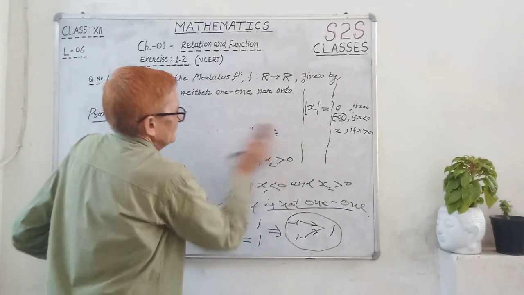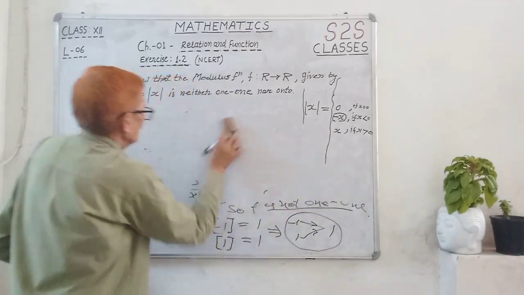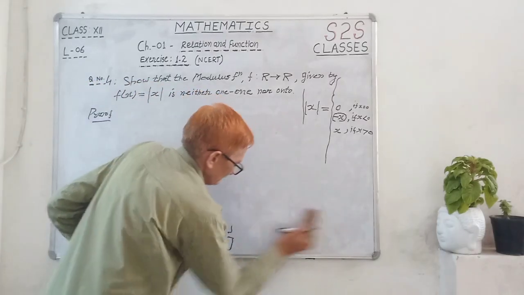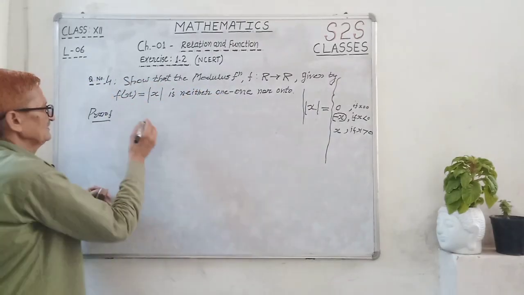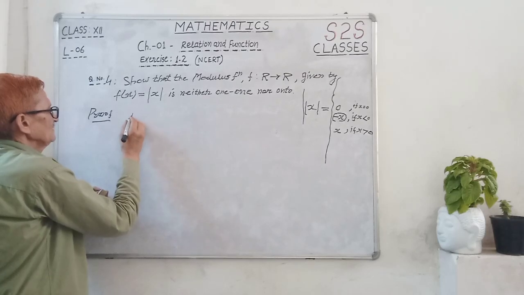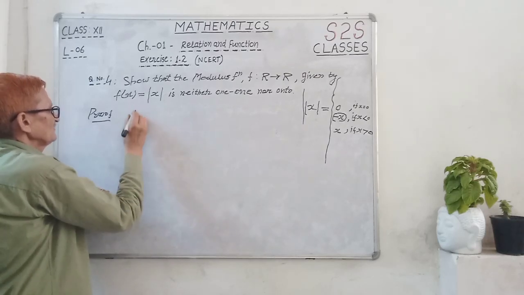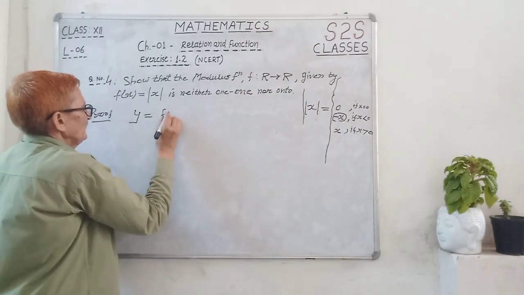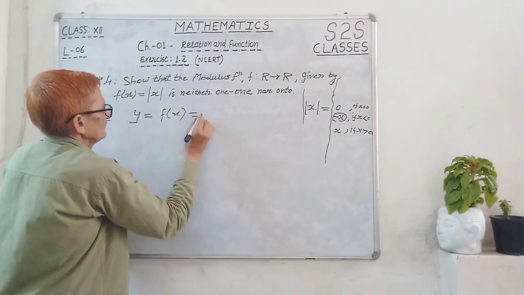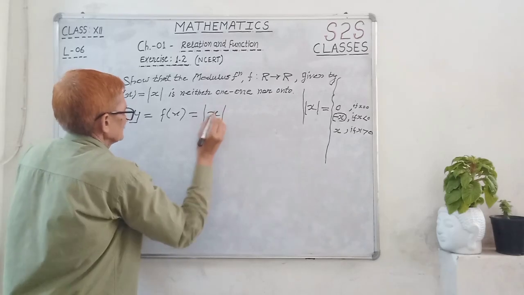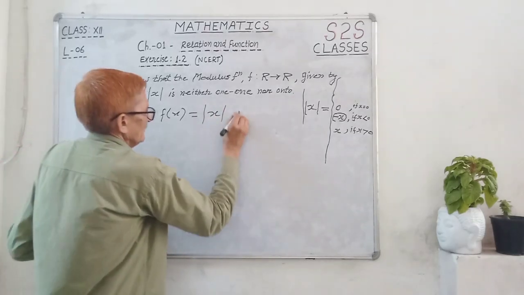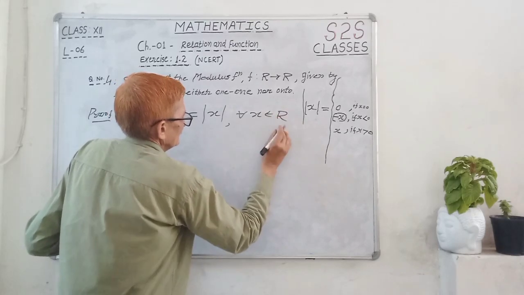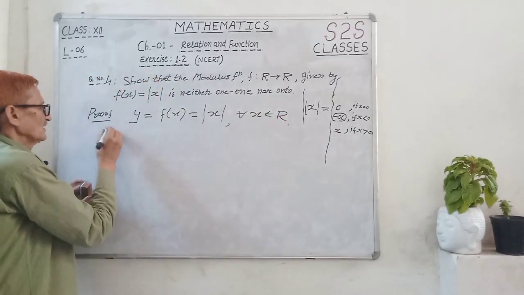After that, find the range for onto. Range means y is equal to f of x, which is the greatest integer x, for every x belonging to the real numbers. For onto, okay.